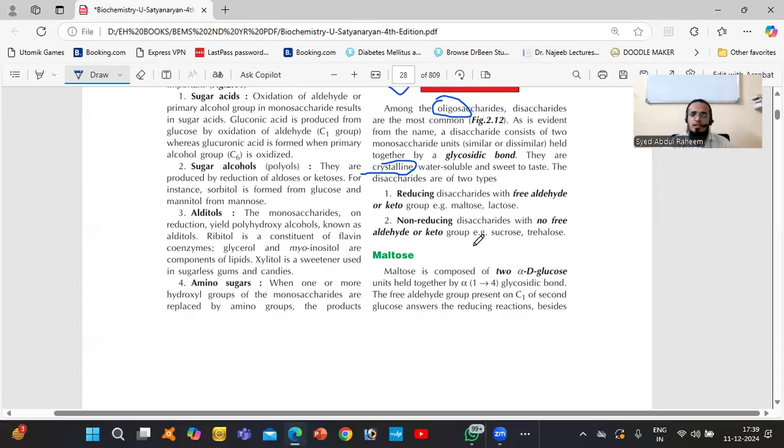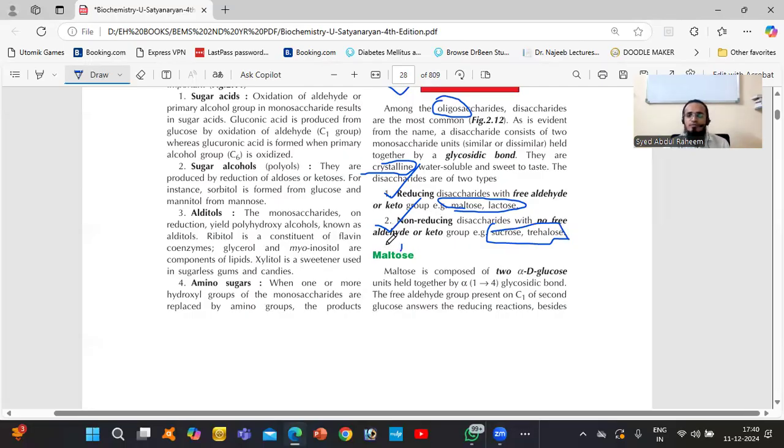Okay. So basically, there are two types, reducing and non-reducing. In the reducing, the examples given here are maltose and lactose. Okay. In the non-reducing, we have sucrose and trehalose. So we'll discuss each and everything.